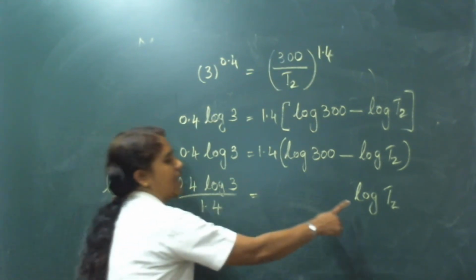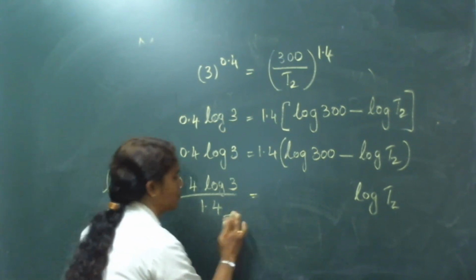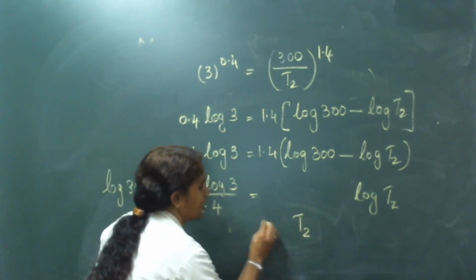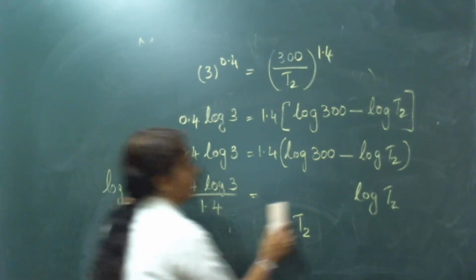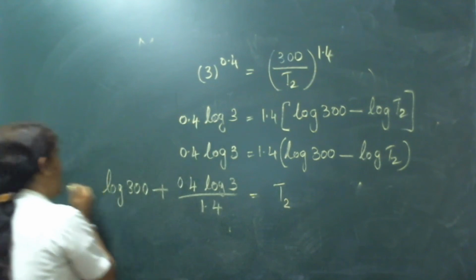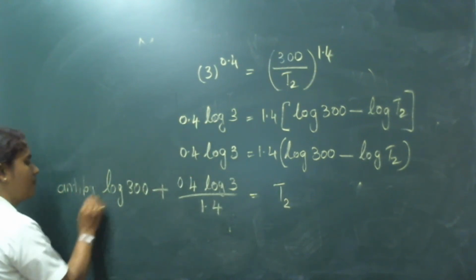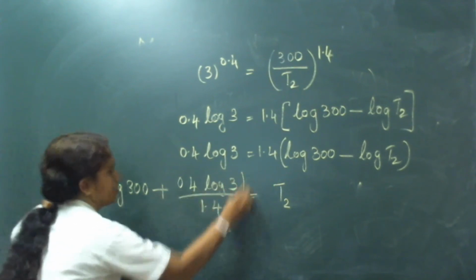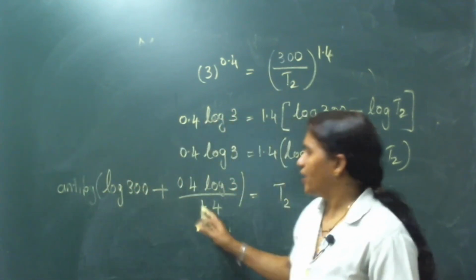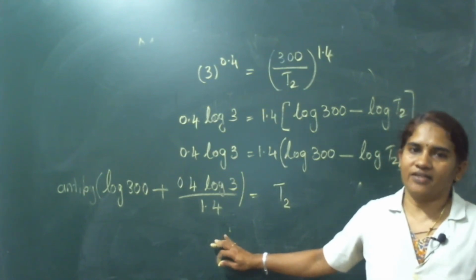By taking the anti-log of this answer, we will get T2. That is, T2 is equal to the anti-log of this answer.